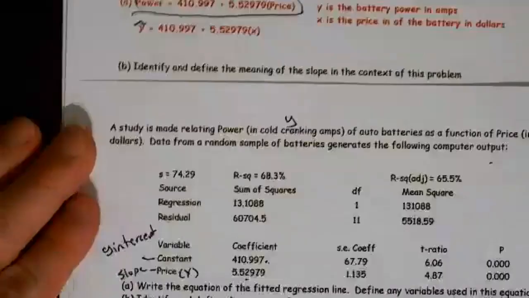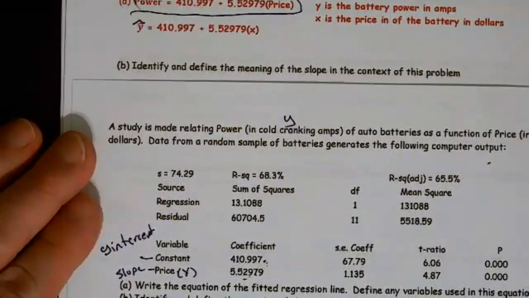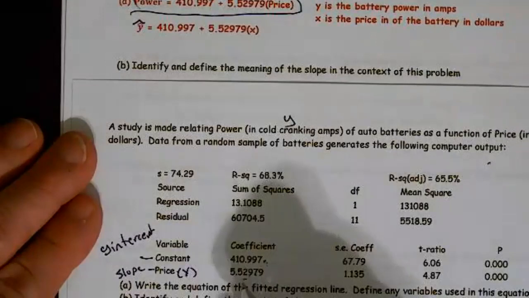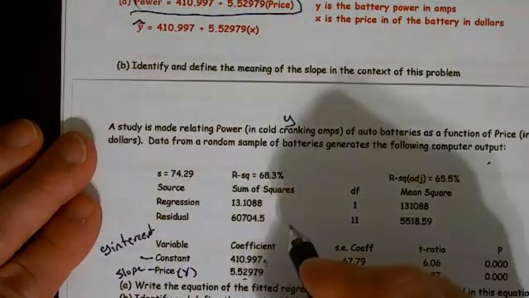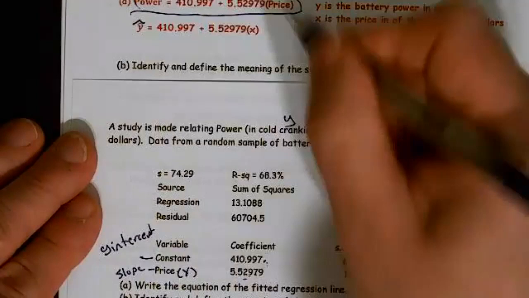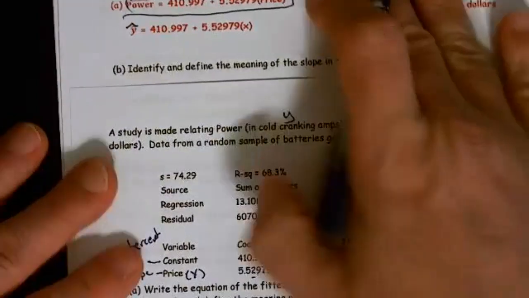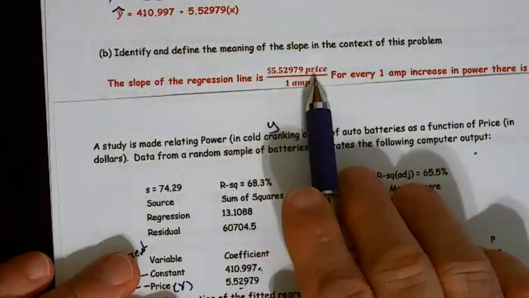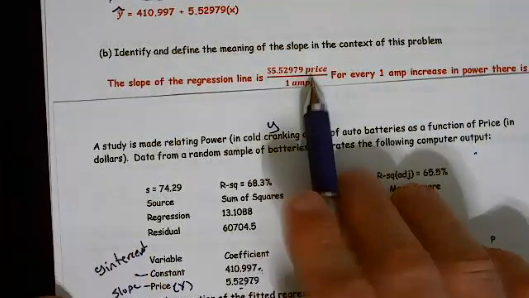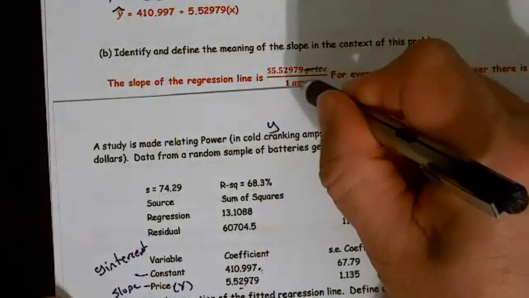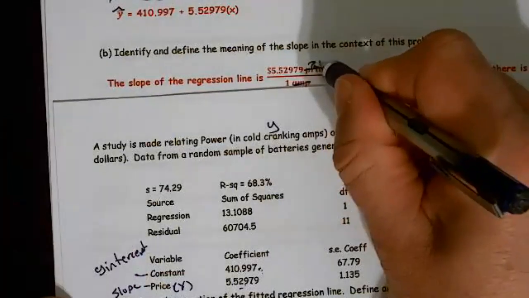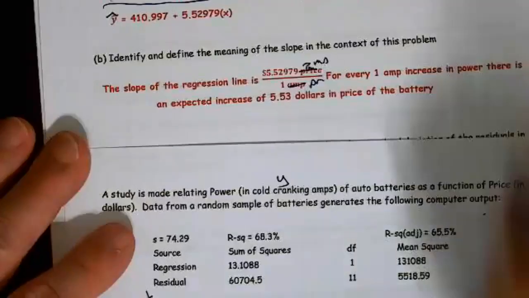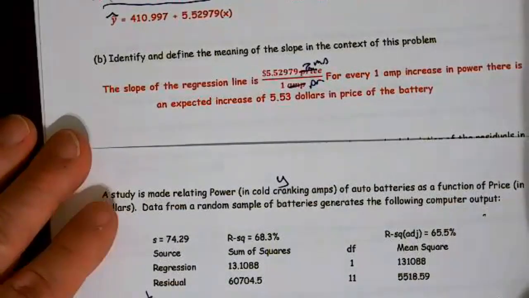Identify and define the meaning of the slope in the context of this problem. Well, my slope, we already know that that's my slope. And I always say, which is right here, I always say put it over 1. So in this case, I would say 5.529 over 1 and label it. And this is wrong, and that's wrong. This is amps, and this is price. For every one, so this is wrong.